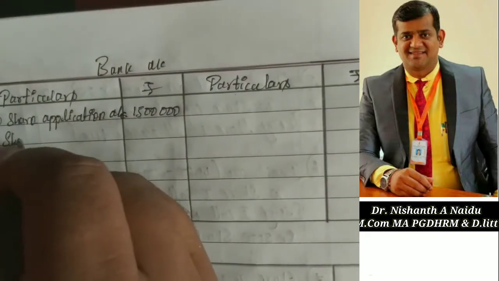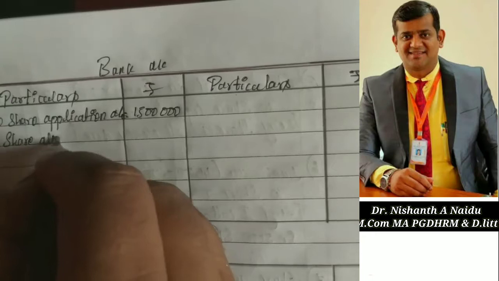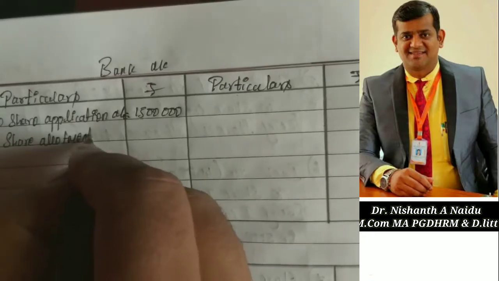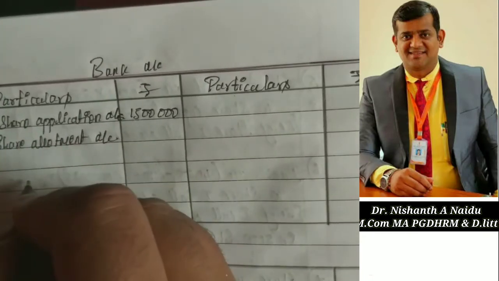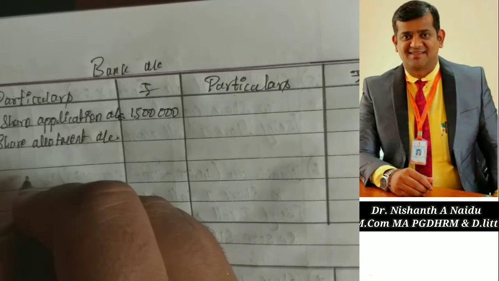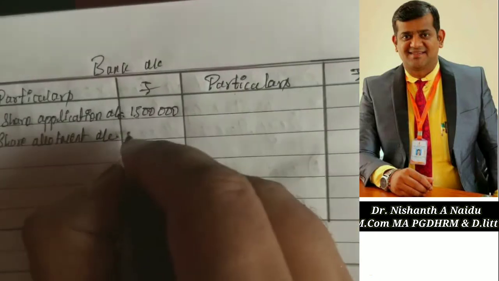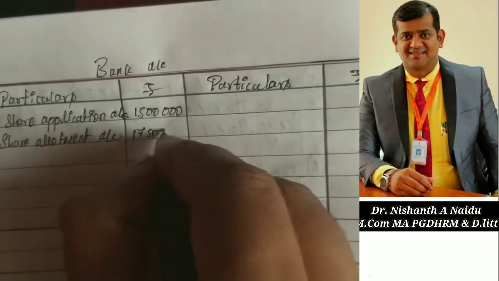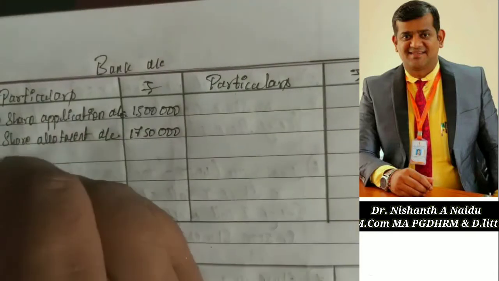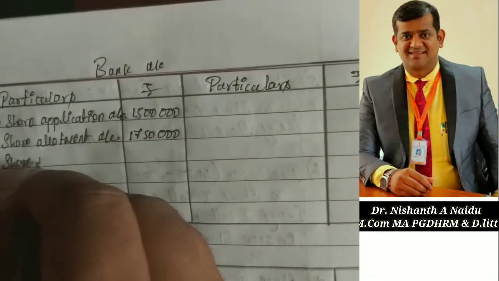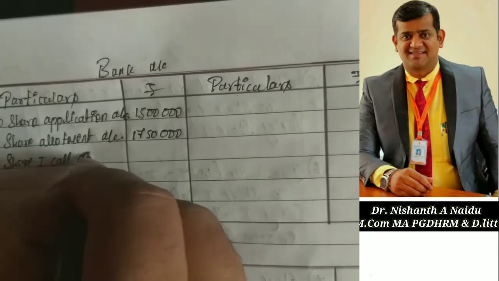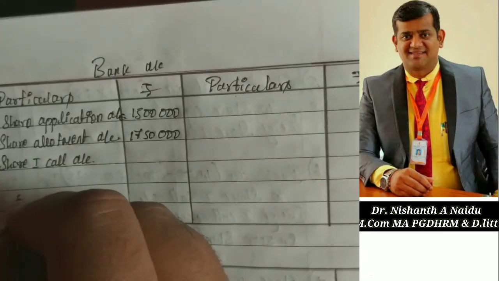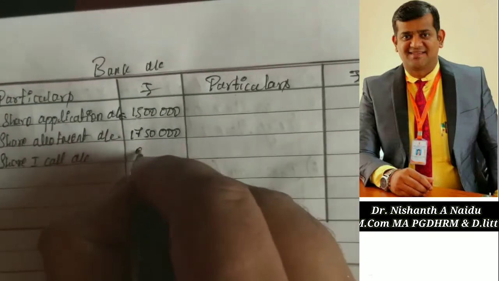To share allotment account, on allotment how much we have received, that is usually the fourth journal entry, that is 17 lakh 50,000, correct. Then to share first call account, on first call how much we have received, 9 lakh 25,000.